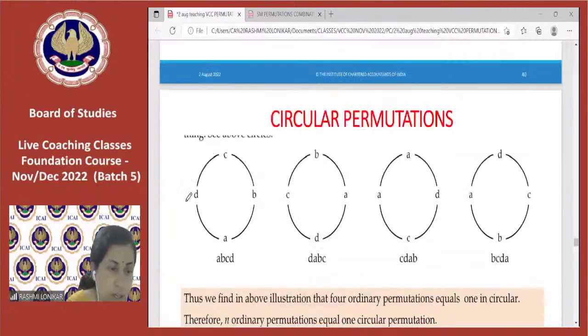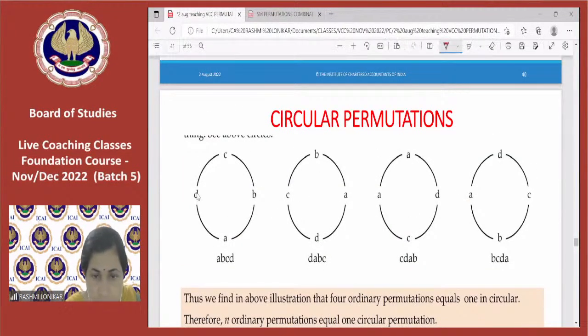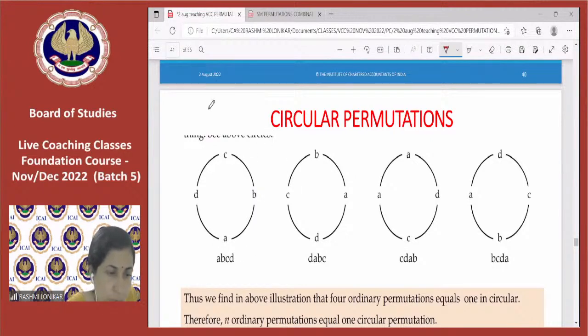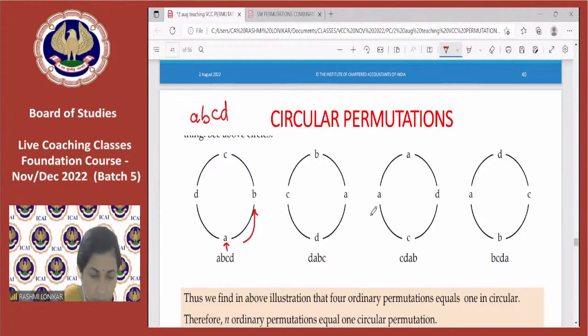So suppose I have 4 people, A, B, C, D. If I fix the place for A here, then I can have A, B, C, D. Then what I can do is shift. So A sits in B's place, B sits in C's place, C sits in D's place, and so on. Or you can shift on the left hand side.